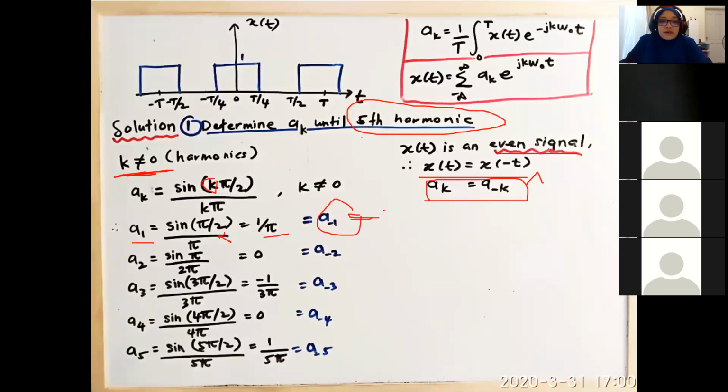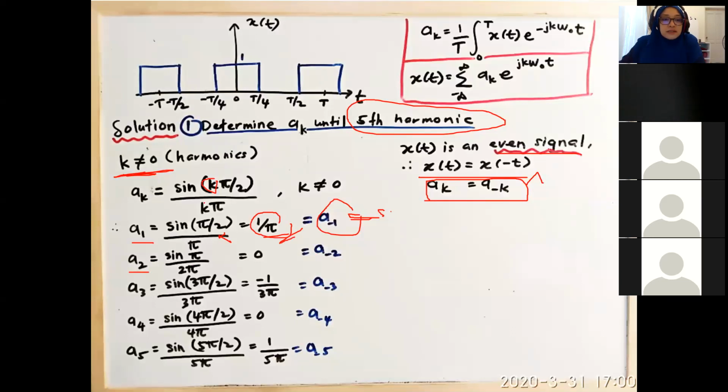You have k as minus 1, so sine(minus 1 pi over 2) over minus pi, and you will also get the same value, 1 over pi. This is what I asked you to do in the video. If you saw my video, in part 4, I asked you to calculate the a_1 value by yourself. You will actually get the same.